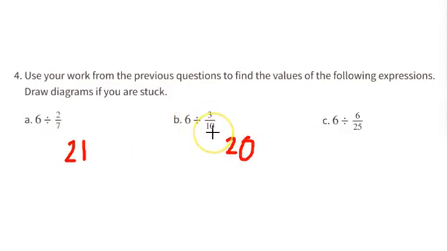Because you'd have 6 times 10, which is 60, divided by 3 is 20. 6 divided by 6/25. You get 25, right? Because 6 times 25 is 150. 150 divided by 6 is 25.